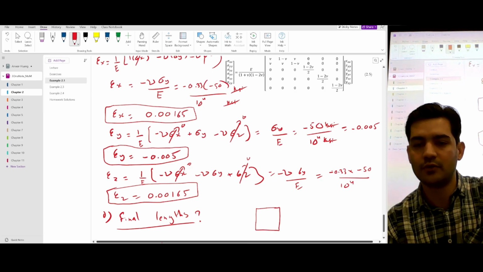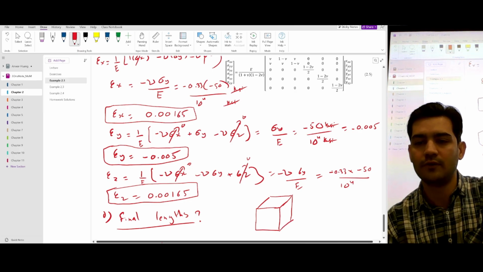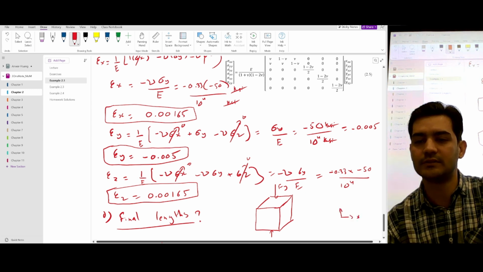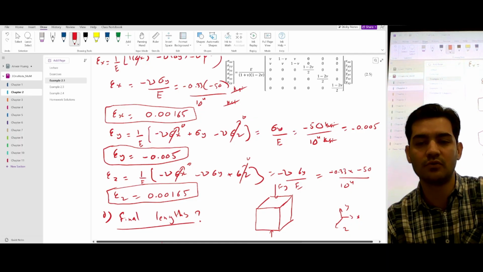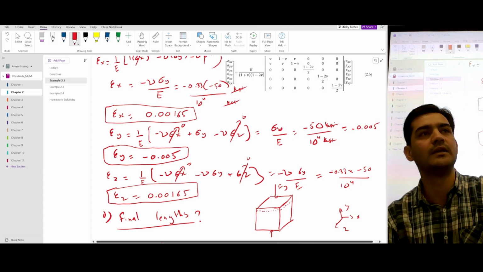So we know it's a cube. We know we have a force being applied in the y direction. This is x direction, this is y direction, this is z direction. So when you apply a force in an unconfined situation, in the direction where you're applying force, you're going to get a reduction in the area.